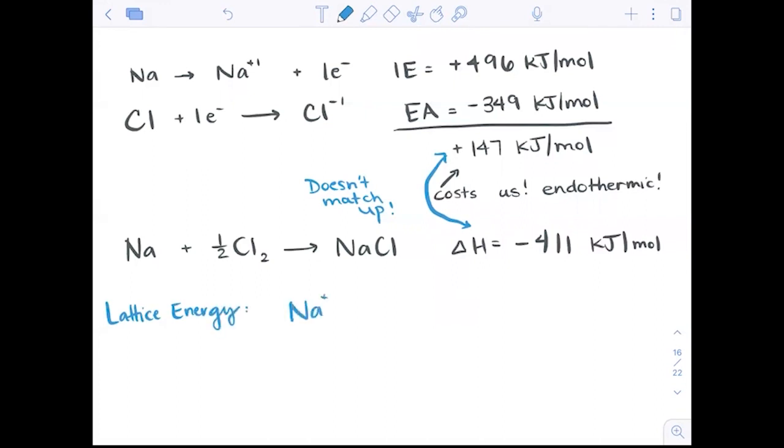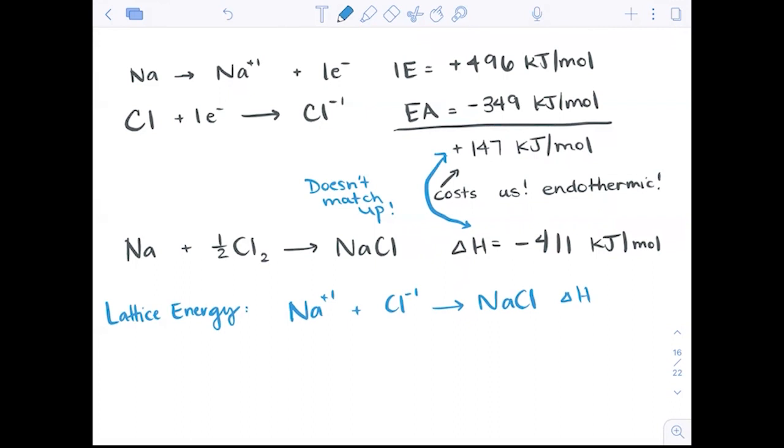When sodium +1 and chlorine -1 actually come together in the buildup, that delta H is a huge value, and that is the overall driving force for this reaction to take place.